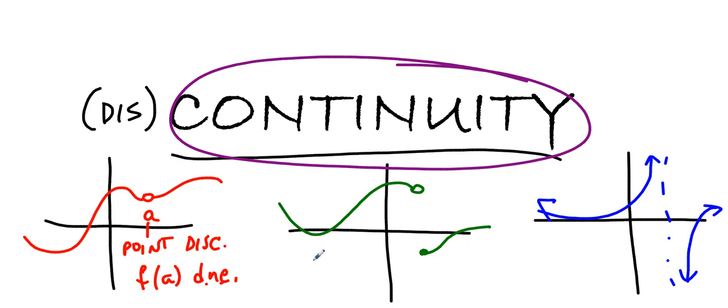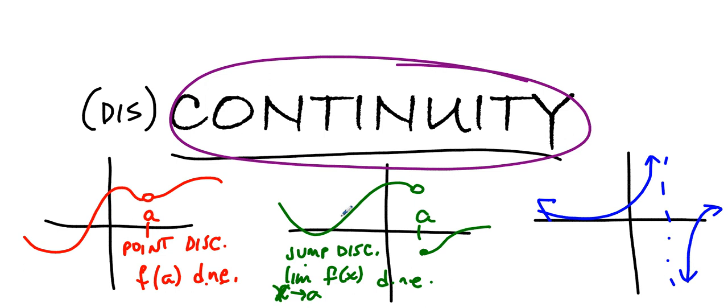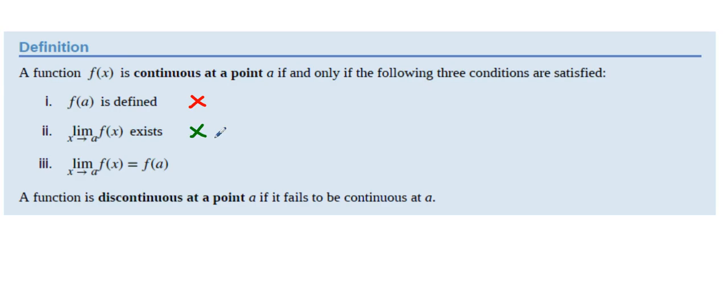In green, we have what we call a jump discontinuity. In a jump discontinuity, the limit of f of x as x approaches a does not exist. There's a, and there's no limit for the function as x approaches a. So you need this to happen, and it doesn't.